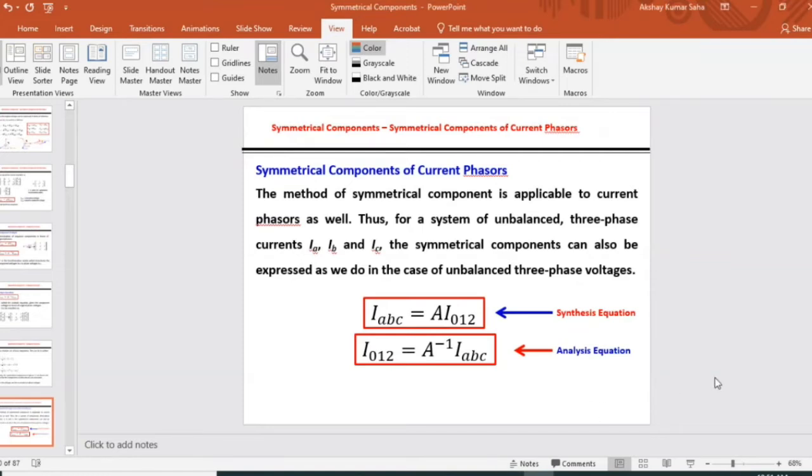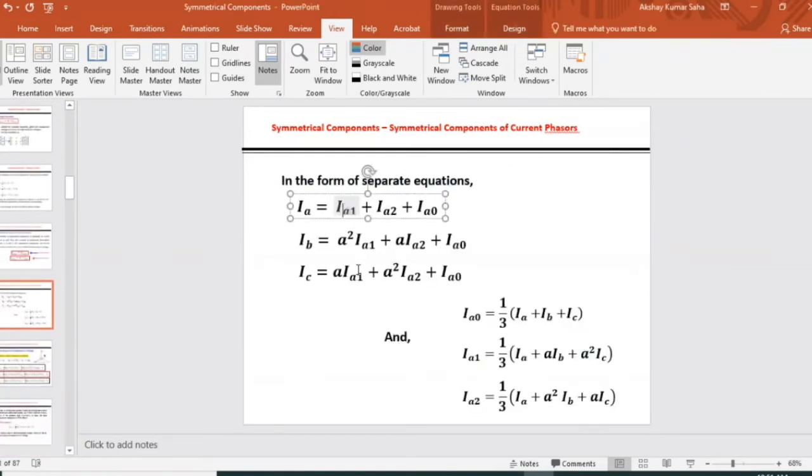Is that clear? So we can get the current equations, IA like we did for VA, same thing. IA0 like we did for VA0, VA1, VA2, it's the same. So VA0 was equal to 1/3 (VA plus VB plus VC). So IA1 was 1/3 (IA plus A IB plus A squared IC), meaning it's in terms of the phase currents and using the complex number operator A. So these are the equations for currents.